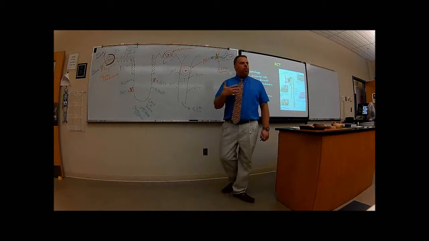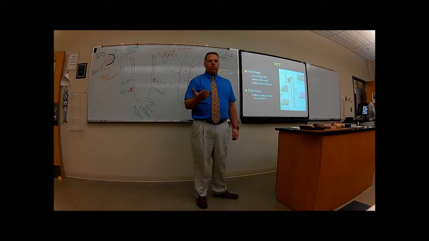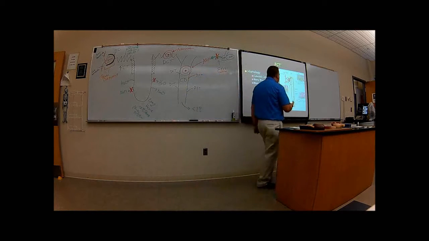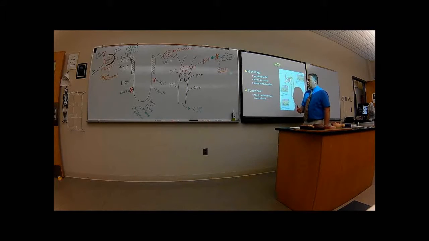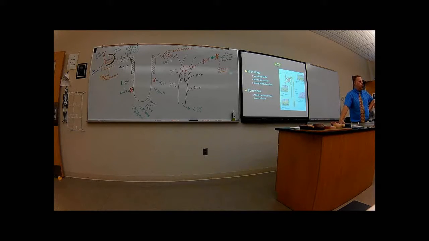You learned that from the digestive system, in the small intestines. And like I said, what occurs in the PCT is most reabsorption, specifically 65% reabsorption, including 100% of amino acids and 100% of glucose in a healthy person.